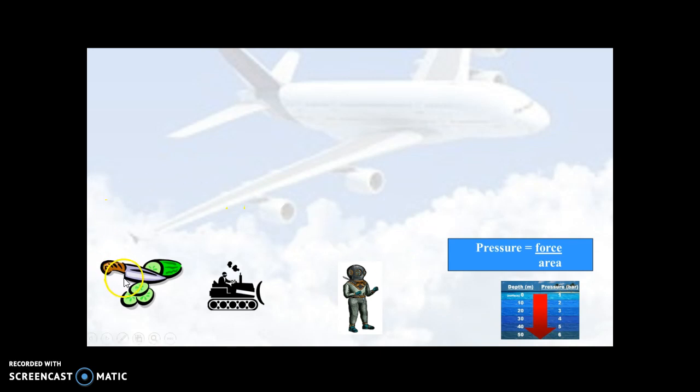So we have this example of a small area being used to increase the pressure, the knife's edge. Like a needle of the syringe, that's also a small area that is used to increase the pressure. The tip of a shovel, high heels, those are all examples of using a small edge to increase the pressure.